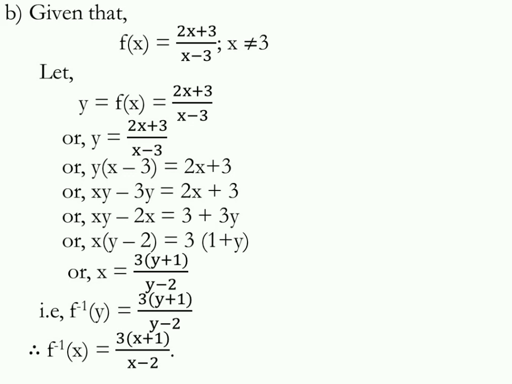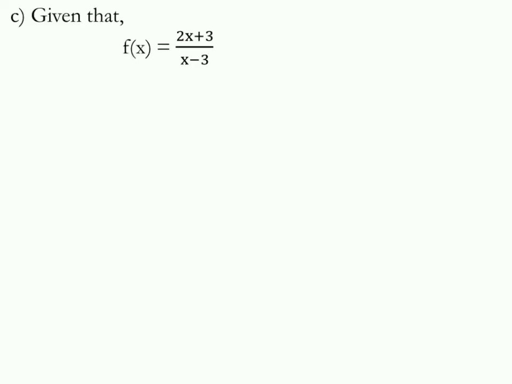Now in question C it was said to show that the function is one-one and onto. Please be very careful and listen to this part. I think you will realize how to show a one-one and onto function.